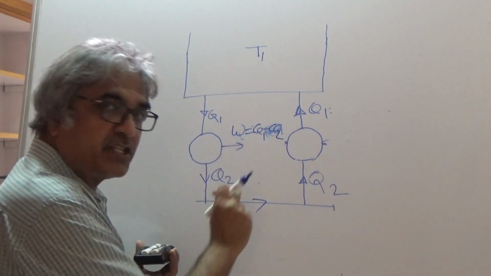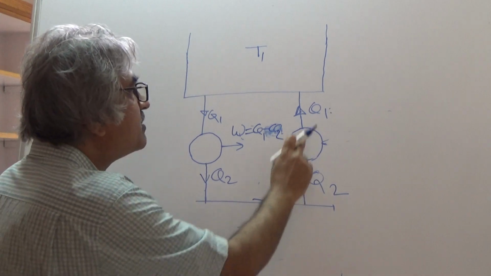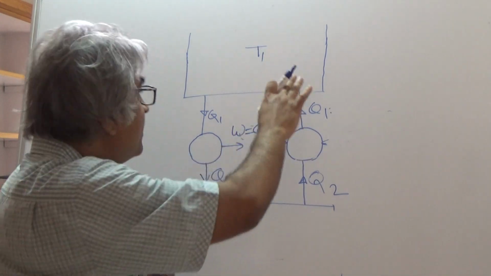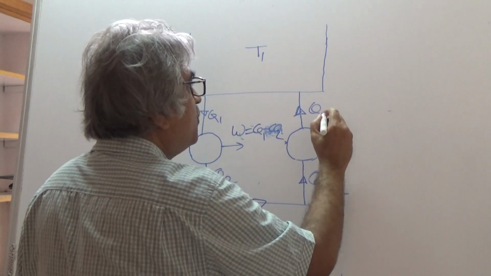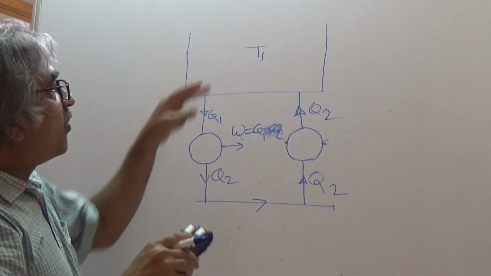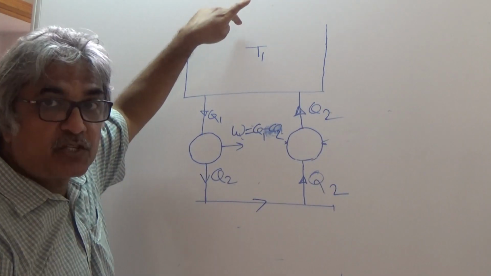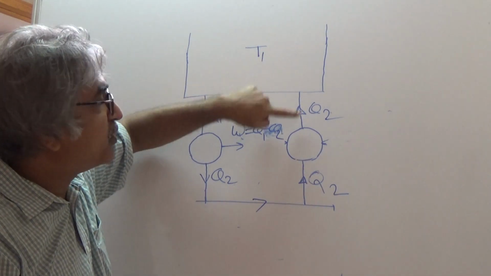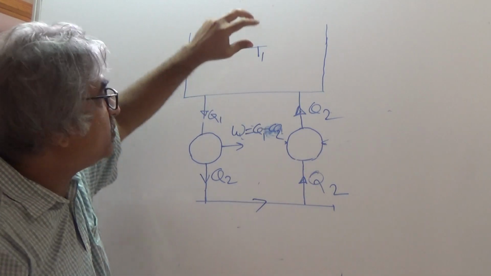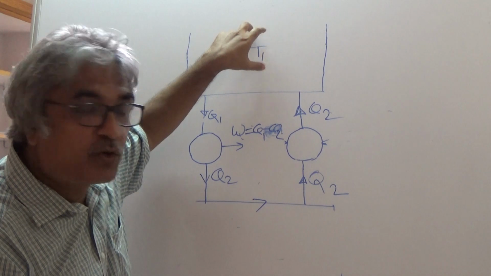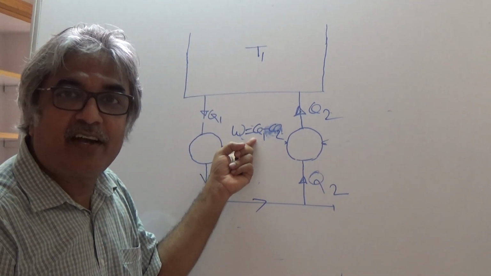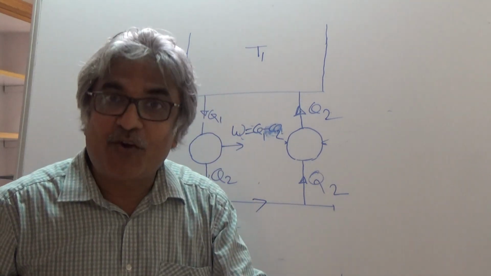This Q1 minus Q2 is converted into work. This Q2 is going back to the body. So the net heat coming from the source is Q1 minus Q2, because Q2 is going back, and all of it is converted into work without any rejection, right?